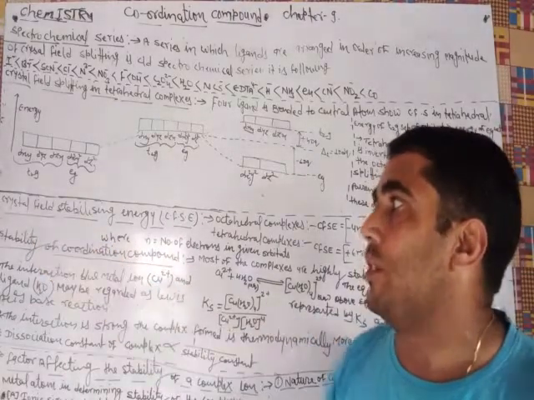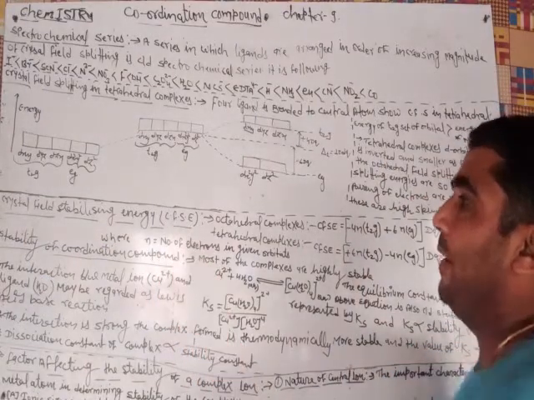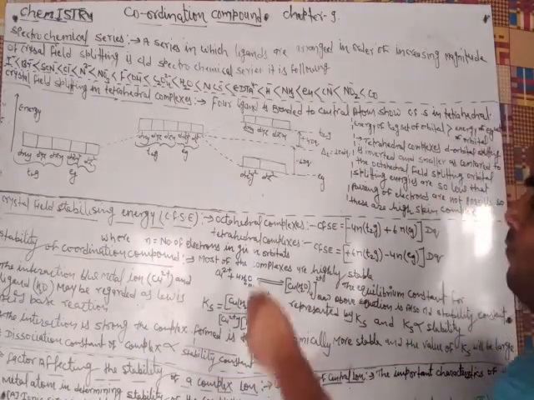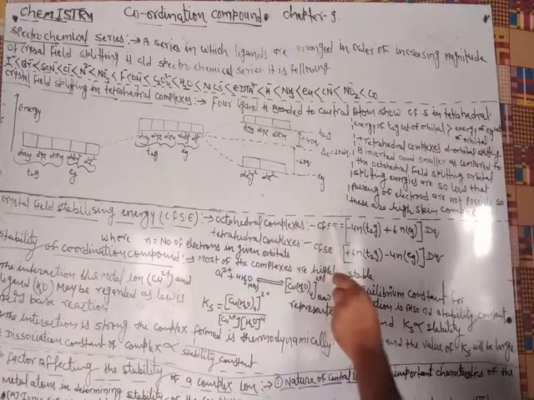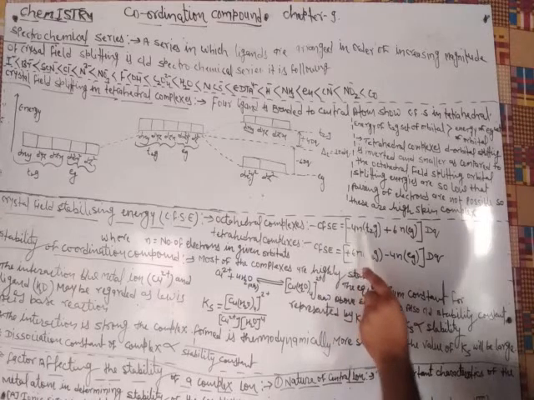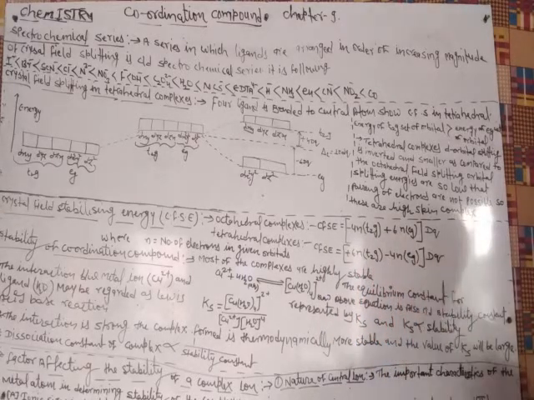Next, crystal field stabilization energy, represented by CFSE. For octahedral complexes, the CFSE formula is minus 4n t2g plus 6n eg Dq.